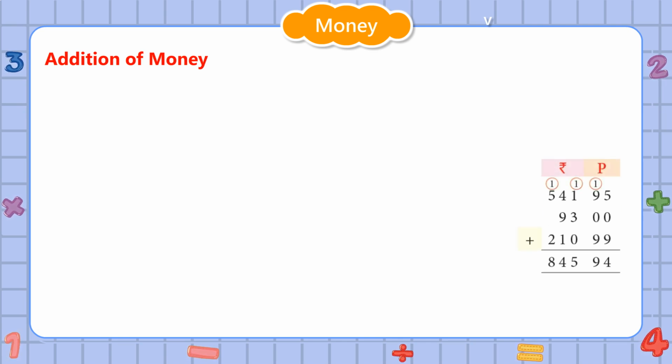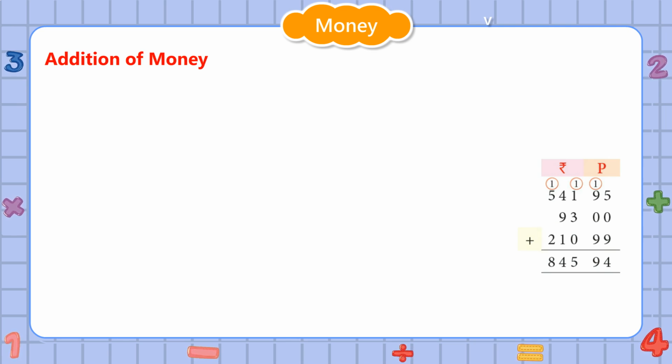Solution. Money spent on shoes is equal to ₹541.95. Money spent on a belt is equal to ₹93.00. Money spent on painting colors is equal to ₹210.99.